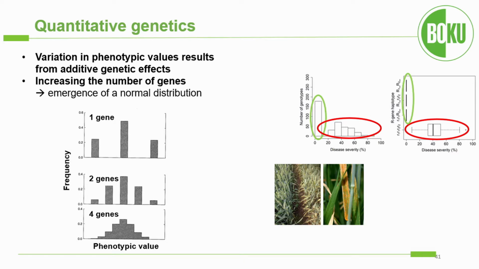This mixture means plants are infected or non-infected, which is caused by single major genes, which cause this race-specific hypersensitive reaction, for example. And within the group which does not carry this resistance gene, we see a continuous distribution because there are probably many small-effect genes behind it, making these plants more or less resistant.